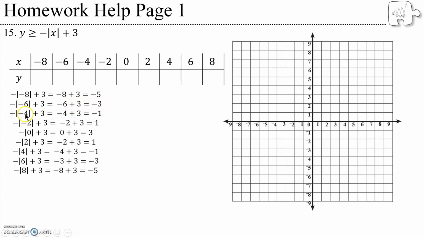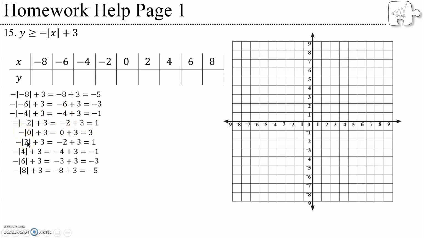The absolute value of -4 is 4, the opposite of 4 is -4, -4 plus 3 is -1. The absolute value of -2 is 2, the opposite of 2 is -2, -2 plus 3 is 1. Then the absolute value of 0 is 0, the opposite of 0 is 0, 0 plus 3 is 3.